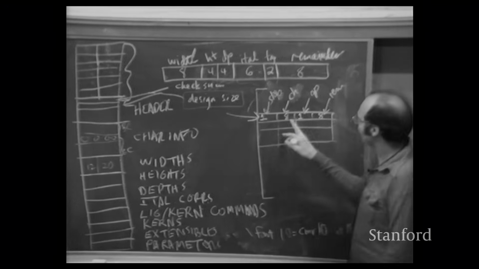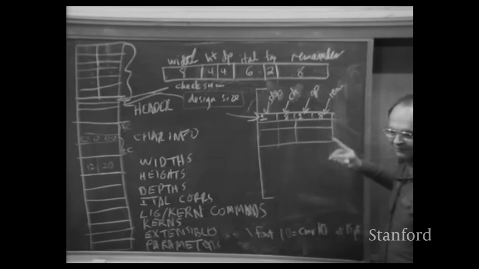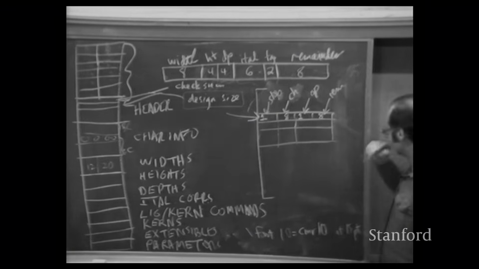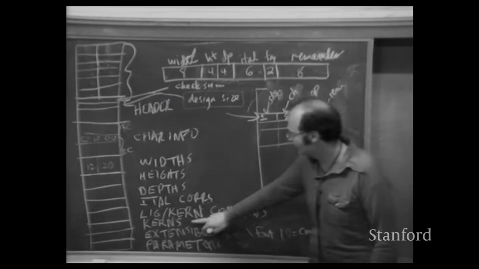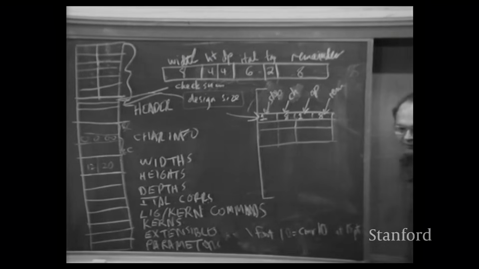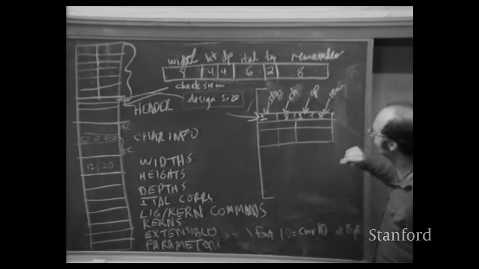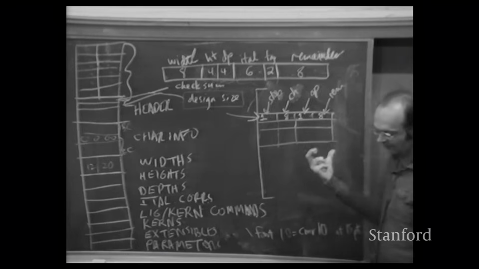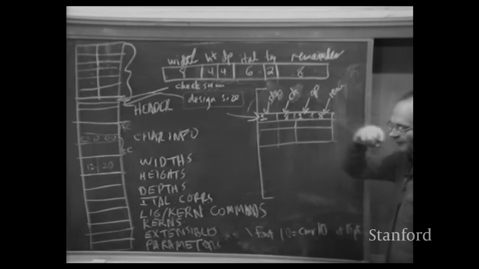Now, if you did find a match, then the op bit tells you it's either a ligature or a kern. If it's a kern, then you look at the remainder part, and that's an index into this kern table here. It tells you how much the kern is. If it's a ligature, the remainder tells you to replace your present character and the following character by this one, and then start the whole process over again.